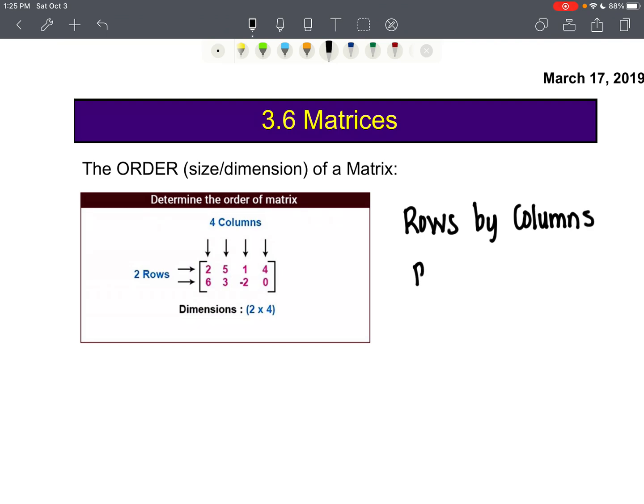And we'll do rows by, we mark by with an X, columns. So in this case we have 2 rows and we have 4 columns. So the rows are horizontal and the columns are vertical.